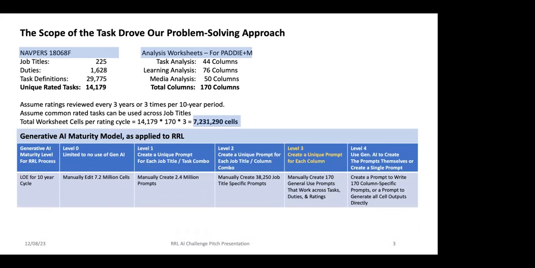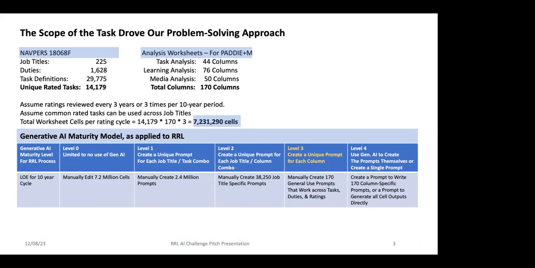Our team built an AI maturity model to look at different levels that you might approach. We wanted to target level 3 here, which basically means we need to create a unique prompt for each column, rather than having a unique prompt, say, for every different job task or job duty.